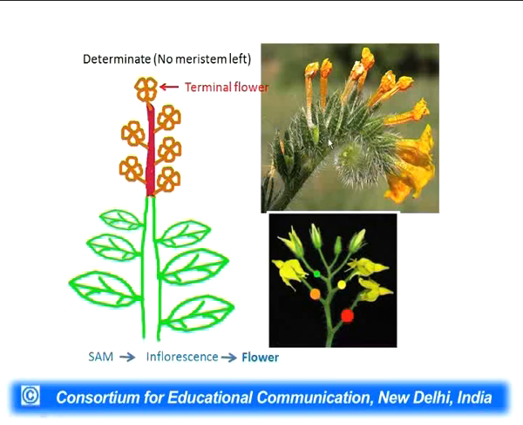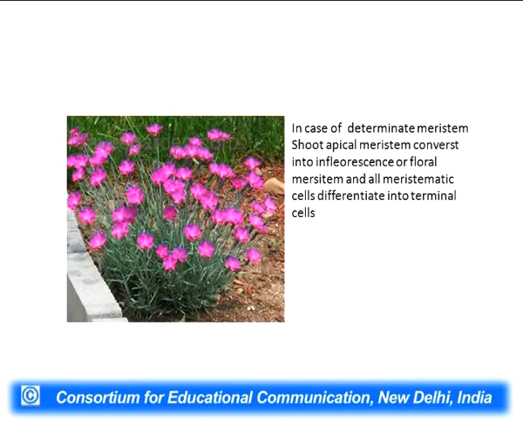These are some of the examples. You can see in this case, this is the last terminal flower, and then it stops. There is no more flower left after that. There are many such cases where it gives rise to a terminal flower. A terminal flower or inflorescence indicates that this particular meristem has stopped, completely differentiated into organs.